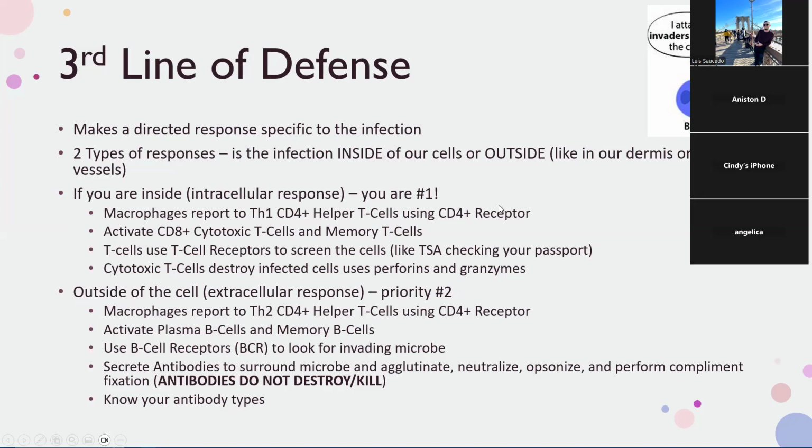Just know that if that is involved, you use Th1 helper T cells using the CD4 receptor. You'll have CD8 cytotoxic T cells and memory T cells. And then the T cells will use the T cell receptors to screen other cells.